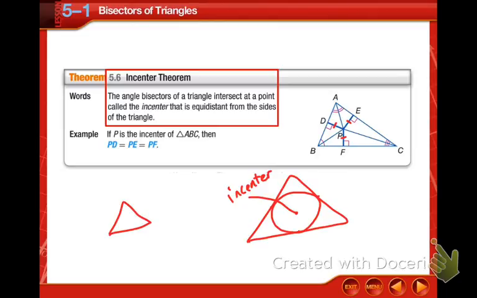The triangle is going to be inside of a circle. The center of the circle is the circumcenter. So incenter, the circle is in the triangle. The circumcenter, the circumference is around the triangle.